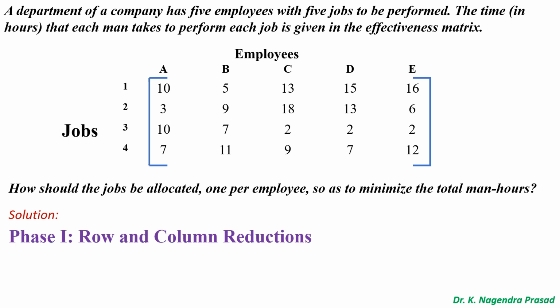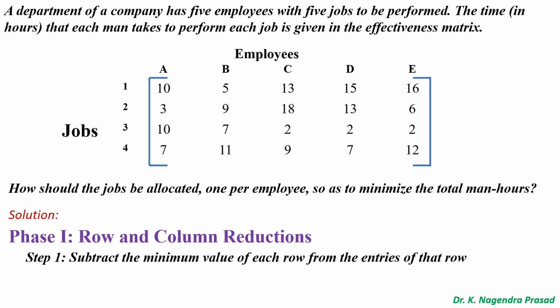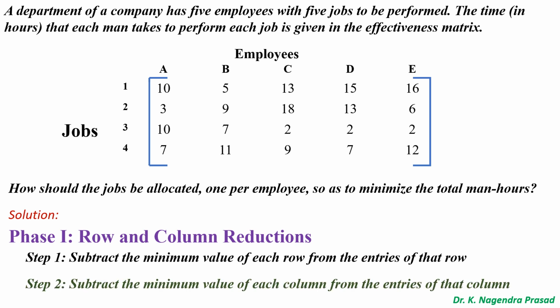First phase is row and column reductions. For this, first we subtract the minimum number of each row from the entries of that row. The next step is to subtract the minimum value of each column from the entries of that column.